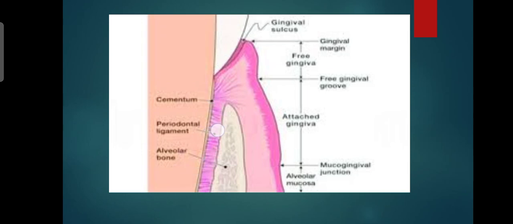These are the periodontal ligaments between the bone and the tooth, which attach, and this inside is alveolar bone. Okay, and the gingiva, this is the gingival sulcus. This portion is the free gingiva, and this portion the attached gingiva, just up is the alveolar mucosa, and attached gingiva and alveolar mucosa are connected by the mucogingival junction. We'll discuss it in more detail in the next lesson.